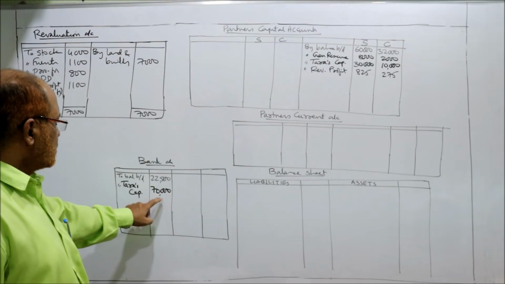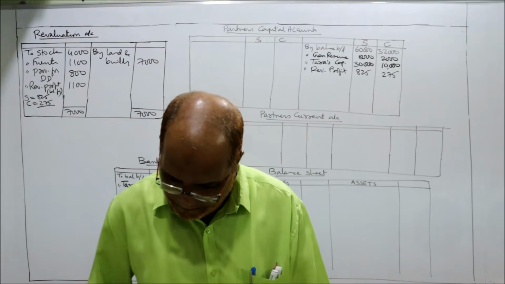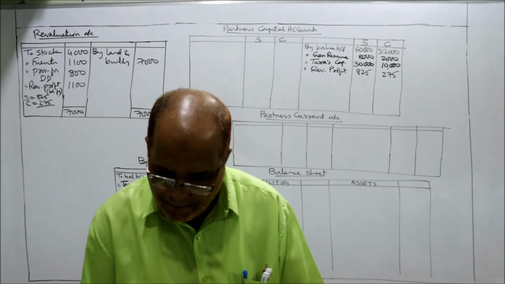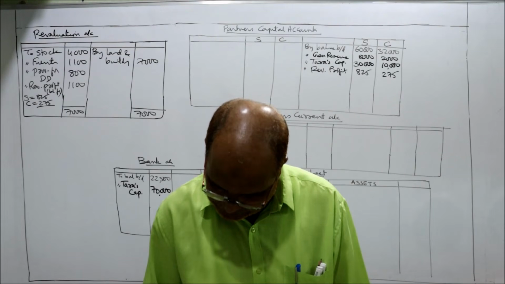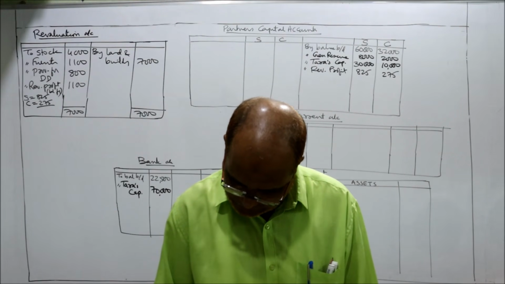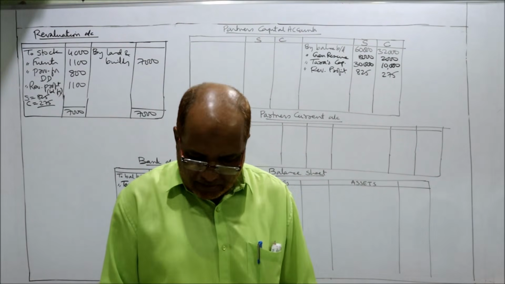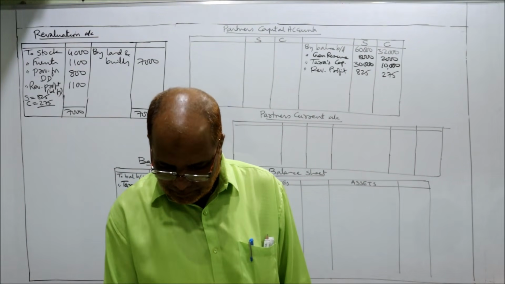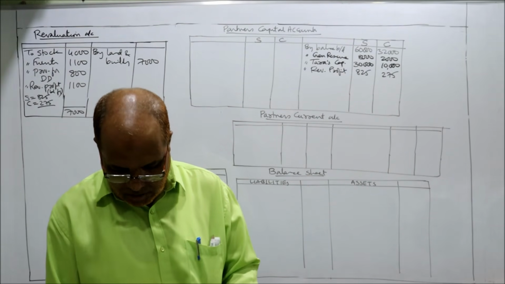Bank account 70,000. Bank account 70,000. That's it. Now we will find out the balance. General reserve account is closed, revaluation account is closed.